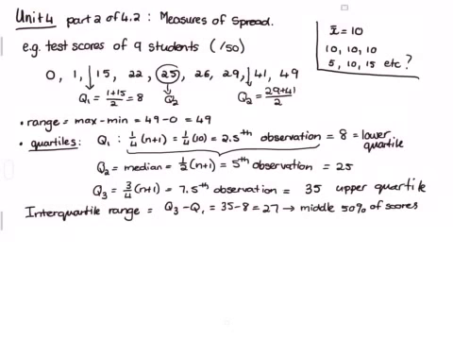So by dividing it into quartiles, you can also say now your top 25% of your scores are above 35, because remember your Q3 was 35. Your top half of your marks are above 25.